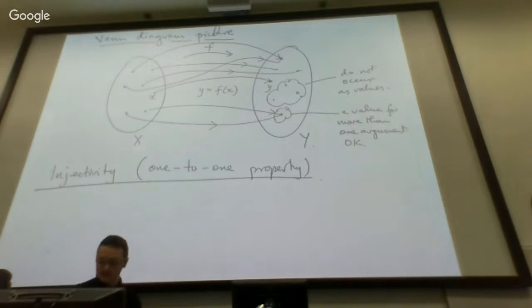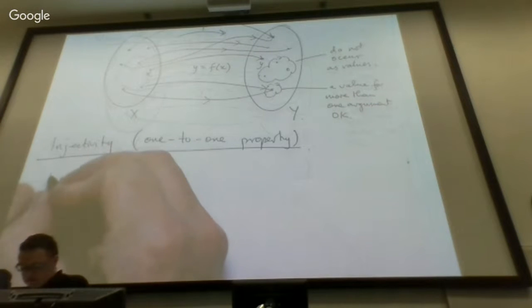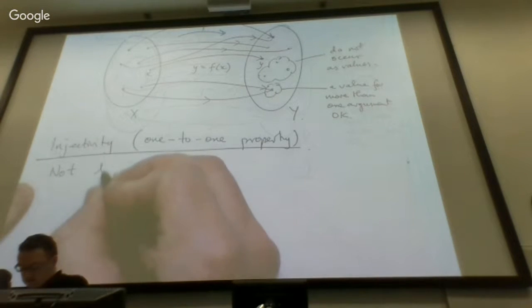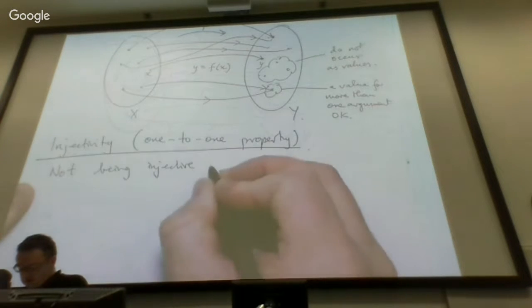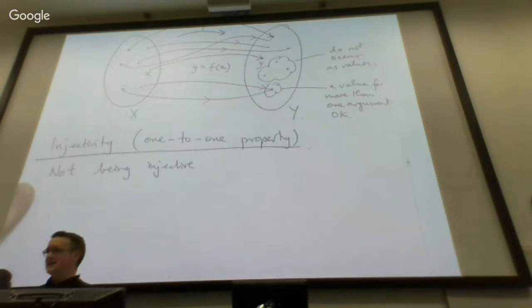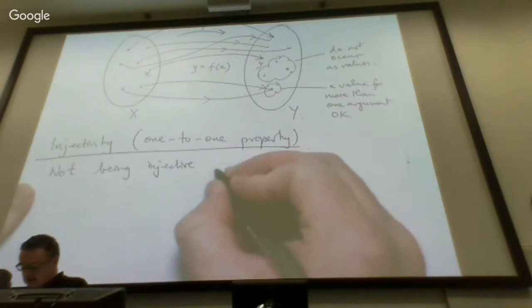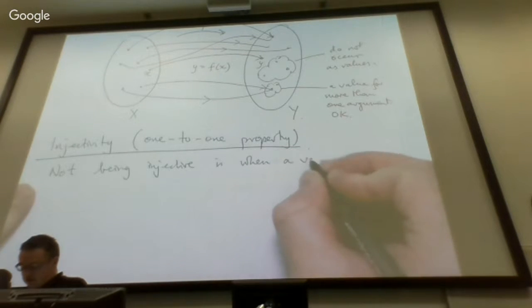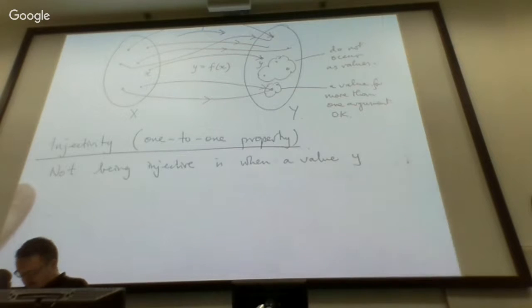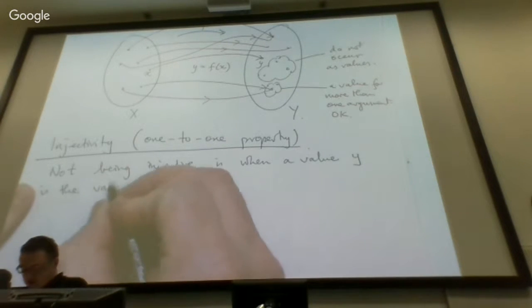A function might have this property. Not being injective, so I'm defining it by defining its negative. So a function fails to be injective when a value y is the value for more than one argument.